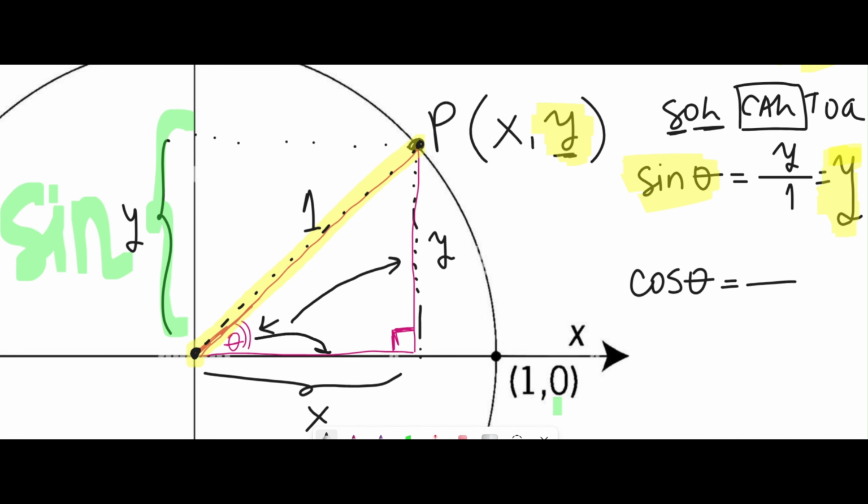Adjacent to my angle is x, over hypotenuse, which is 1. X over 1 is equal to x. So we have it again. It says that cosine of the angle is equal to x, which means that x always stands for cosine.